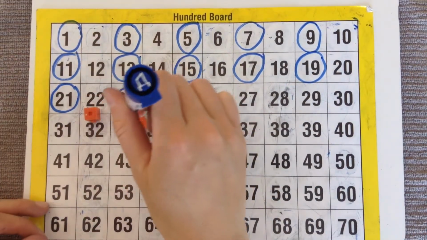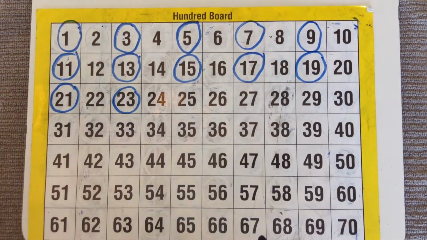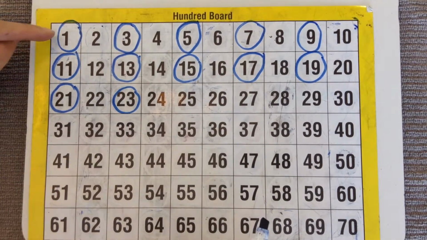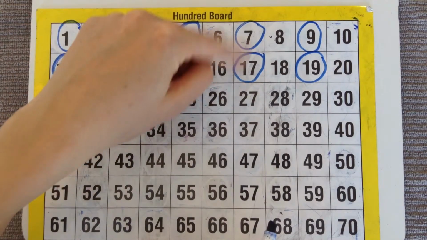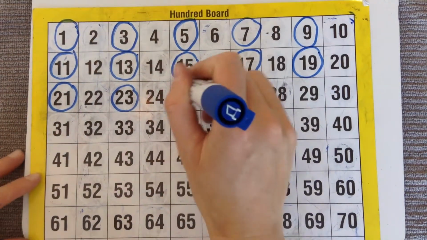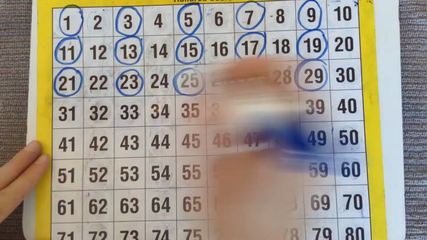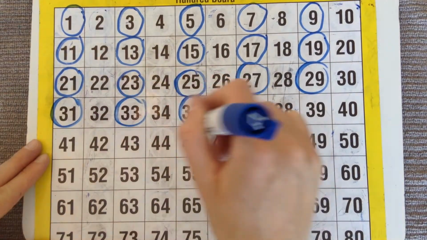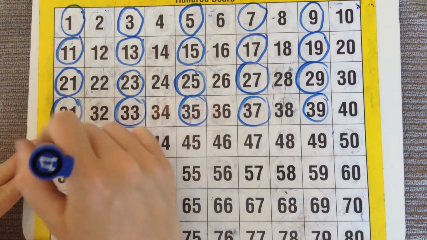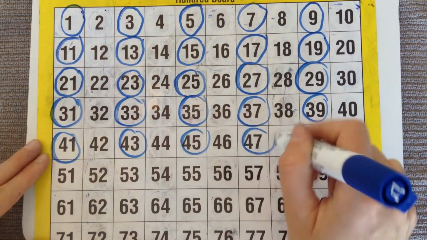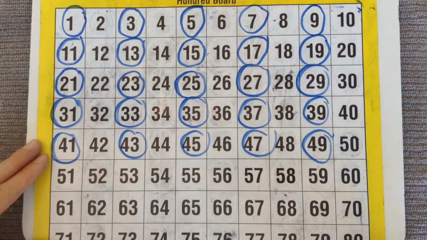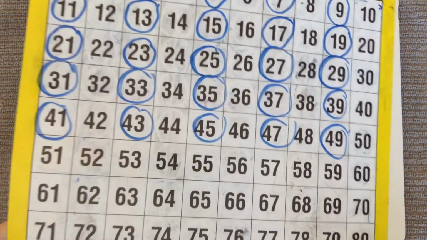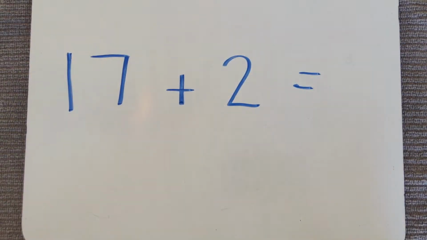So now our pattern is different because all of our numbers in this skip counting by twos pattern end with 1, 3, 5, 7, or 9. If we continue the pattern all the way down, you will see how it looks different than the last one. These are all of the odd numbers, and of course you could continue it all the way down to the bottom.